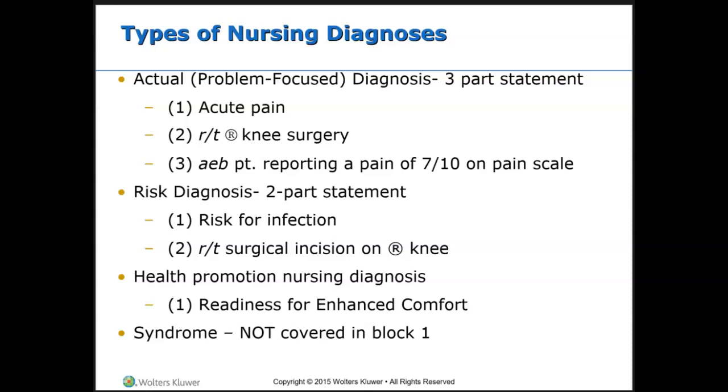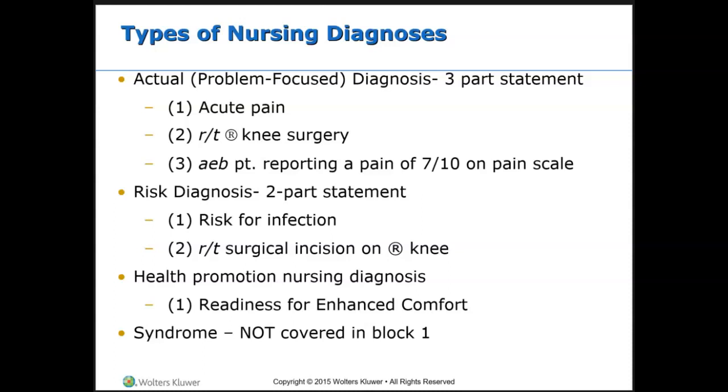Remember, your reference material is listed very vague, so you need to customize it to what's happening with your patient in front of you, as I've done with this example. So our complete actual nursing diagnosis would be as follows. Acute pain related to right knee surgery as evidenced by patient reporting a pain level of 7 out of 10.